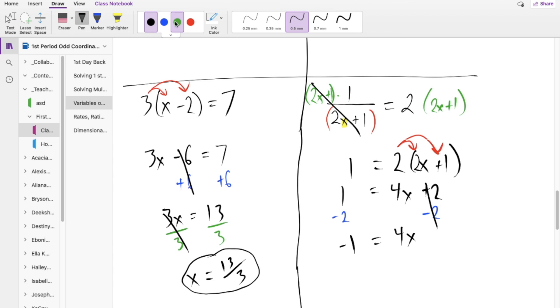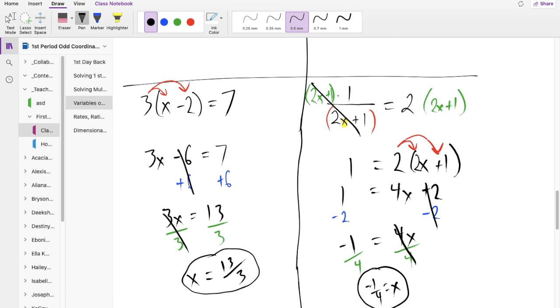And the last thing, I need to get rid of that 4. So I'm going to divide both sides by this 4. So those 4's cancel, leaving me with negative 1/4 equals x. And we're done.